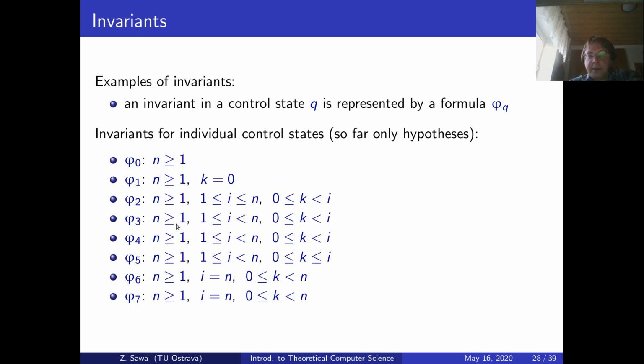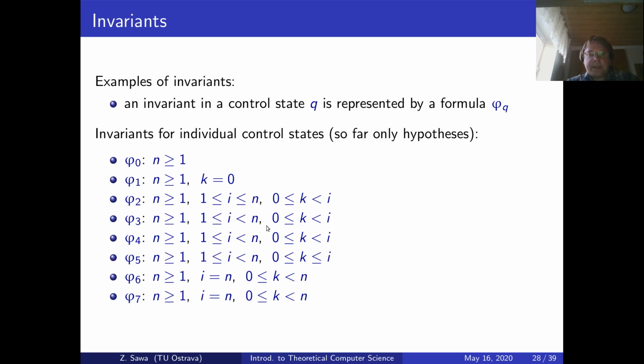It's quite obvious that from this we can derive this here, because n was not changed, so if it was greater or equal to 1, it still is. The values of k and A were not changed either. And if i was less or equal to n, but in addition i is strictly less than n, from this we can derive that this must be true.